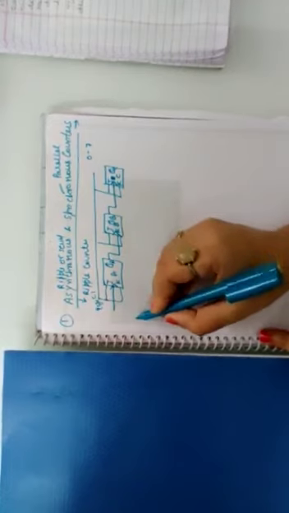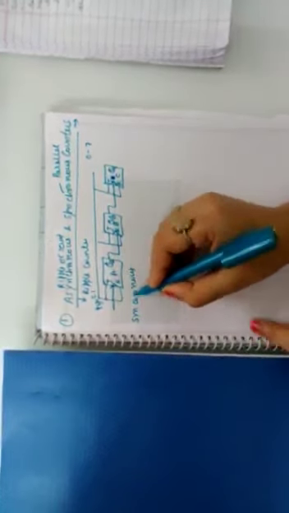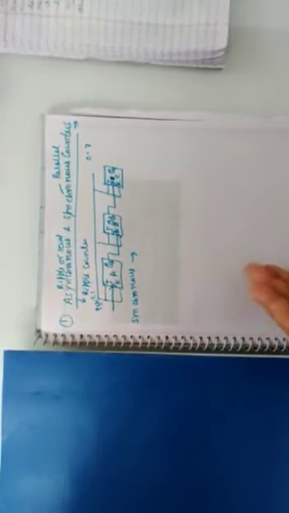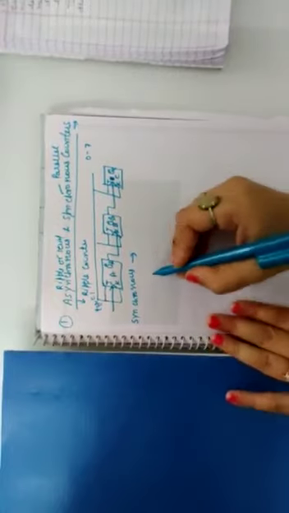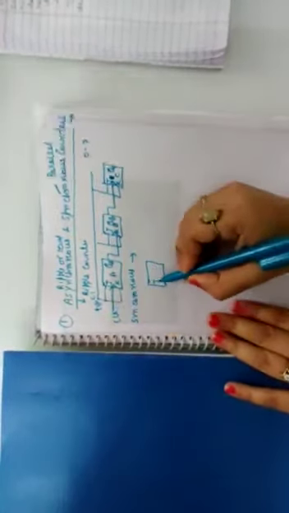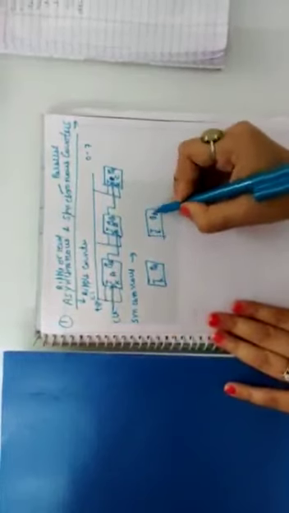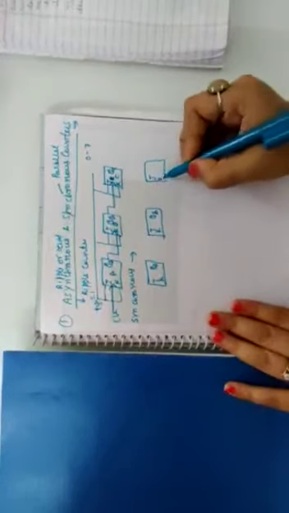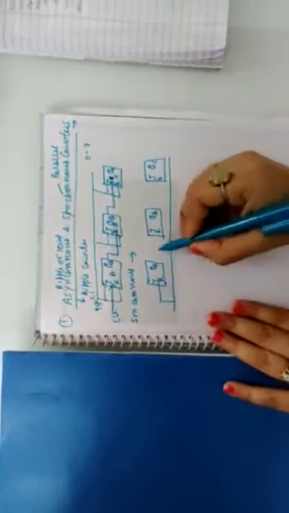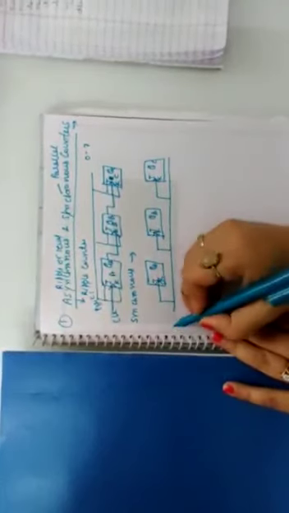Now synchronous. In contrast to asynchronous, synchronous means in synchronization with the clock pulse. Each flip-flop will be triggered by the same clock pulse, meaning all the flip-flops will switch at the same time.